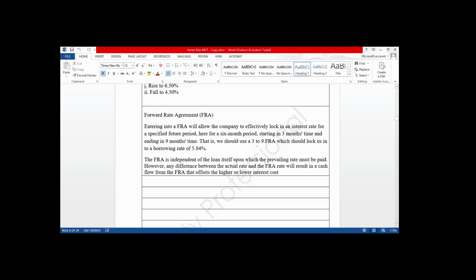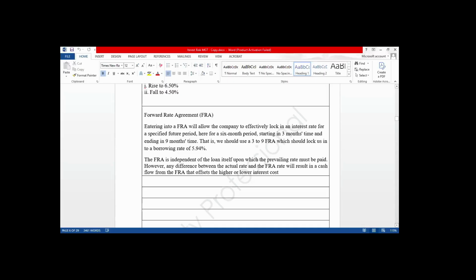That is, we are going to use 3 to 9 FRA, which will lock us into a borrowing rate of 5.94%. The FRA is independent of the loan itself, upon which the prevailing rate must be paid. That FRA is an independent instrument.